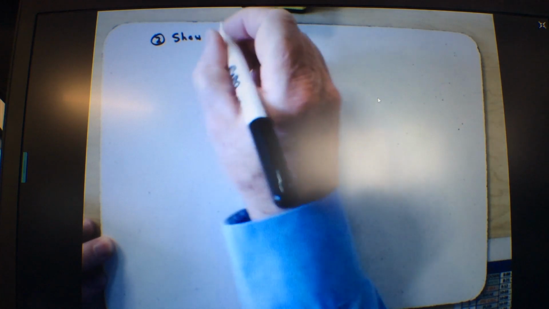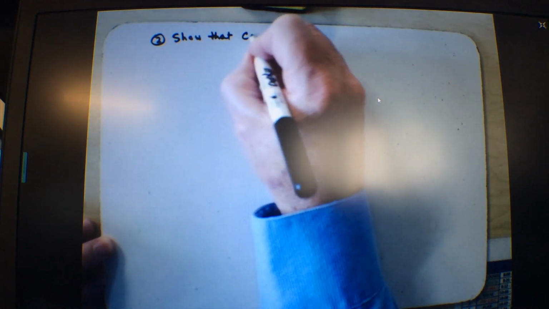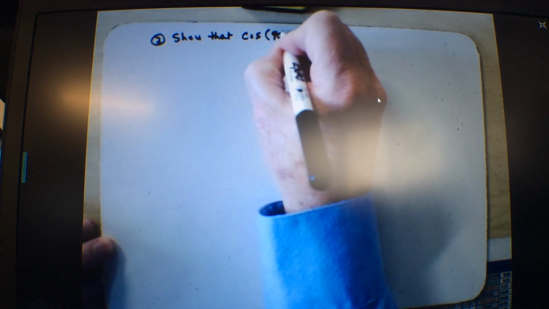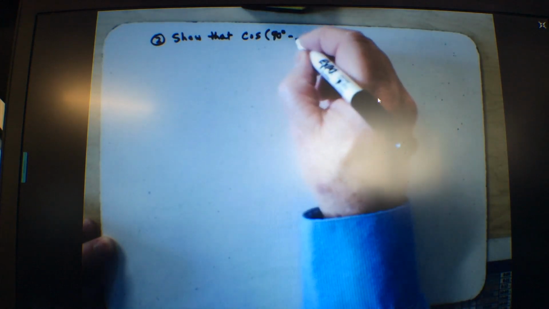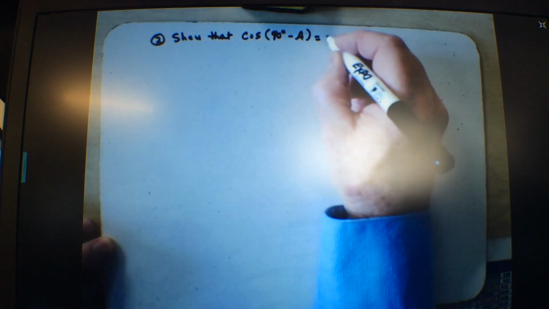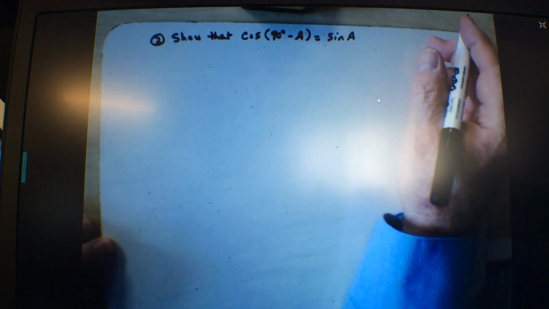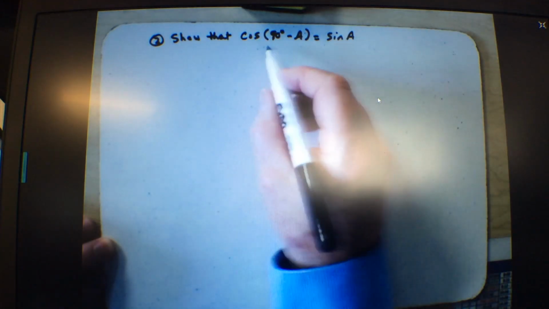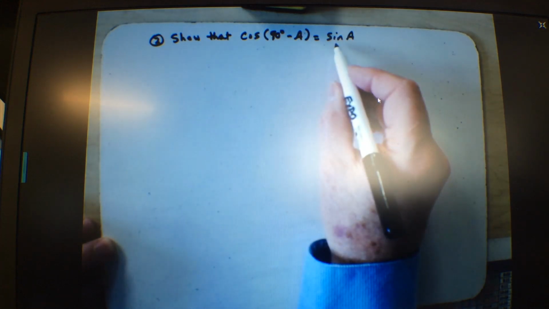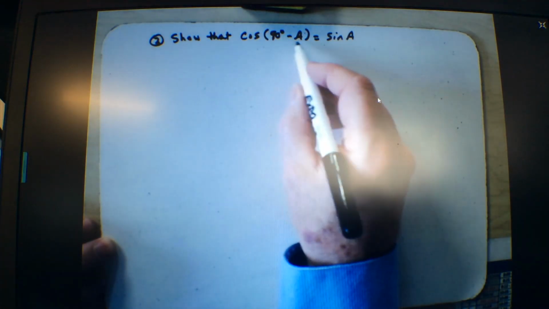Show that cosine of 90 degrees minus A is equal to the sine of A. Okay, so show means the same as prove, okay? Do you see this? This is a subtraction, right?